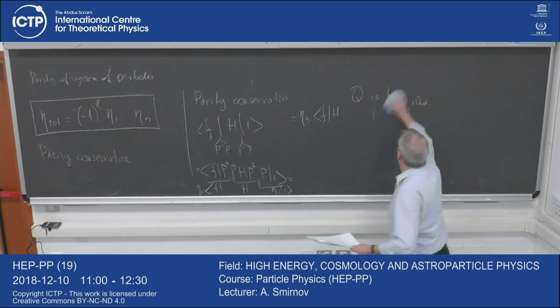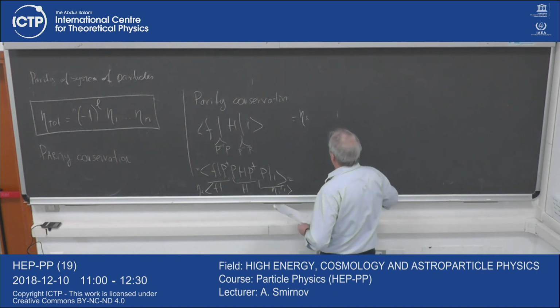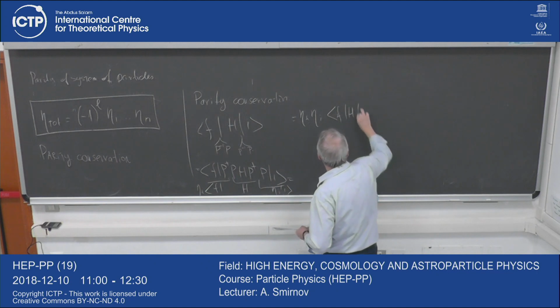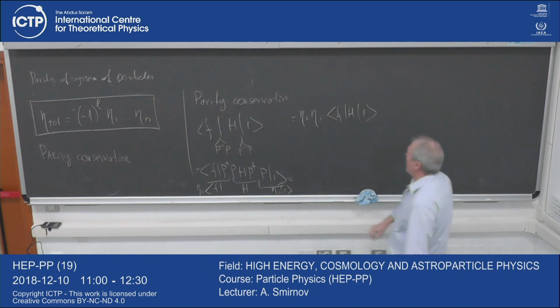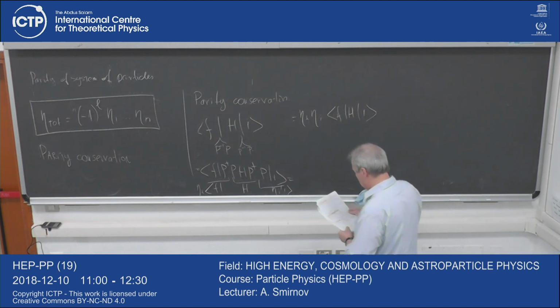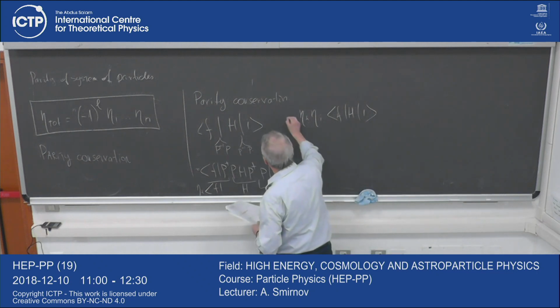So eventually what I will get here is eta F multiplied by eta I, and here is F, H, I. And I started from this.